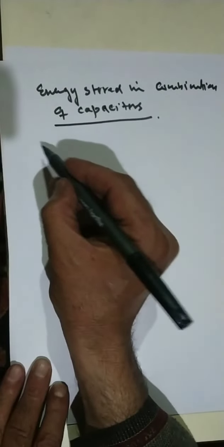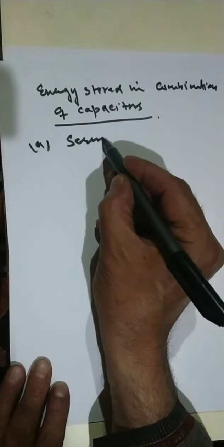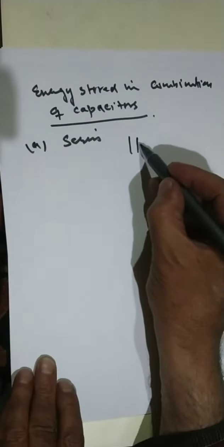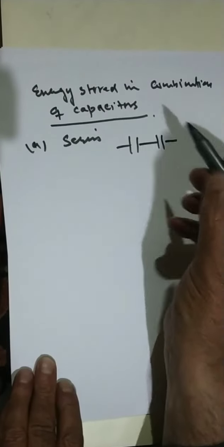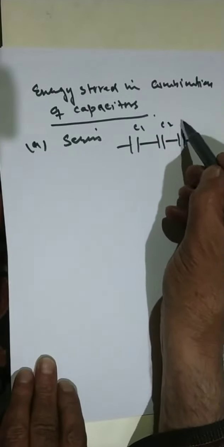We already know we have two combinations. First, a series combination. ऐसे, let us suppose that we have two, or let us say three capacitors, C1, C2, C3.